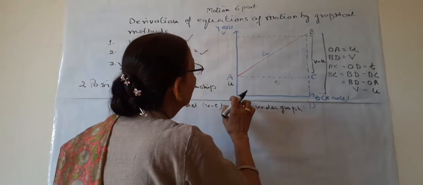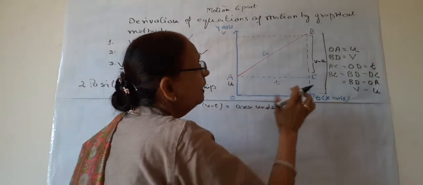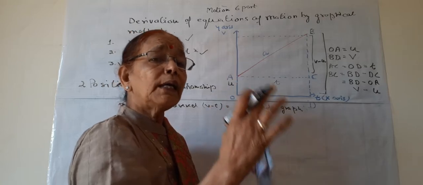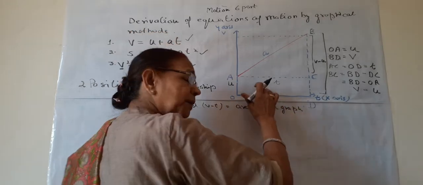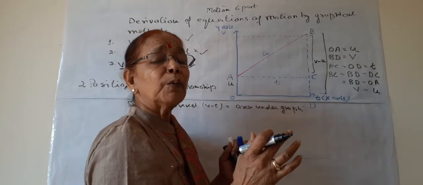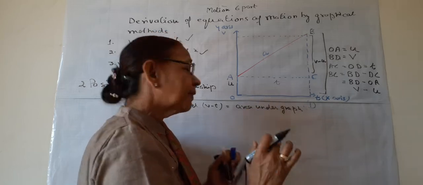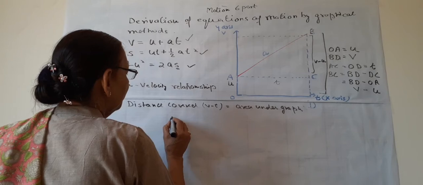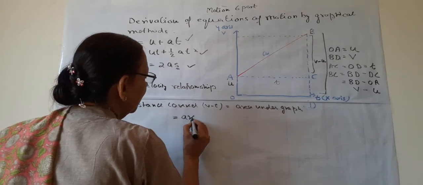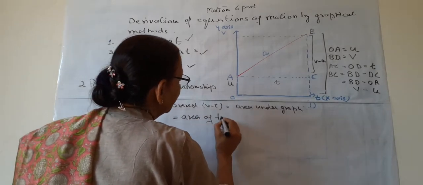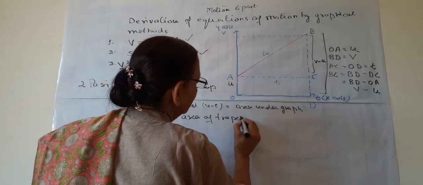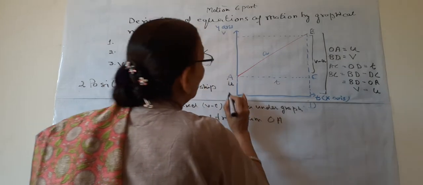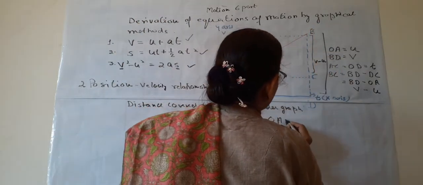Now we will take OABD as a trapezium and calculate its area using the formula for the area of a trapezium. So the distance covered, the area under the graph, will be the area of trapezium OABD.